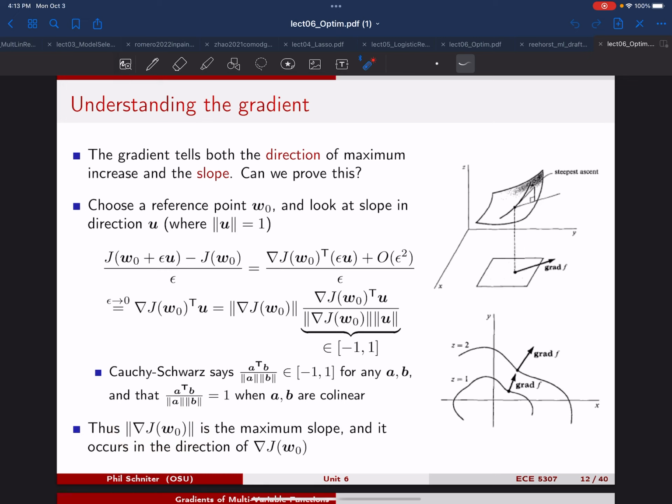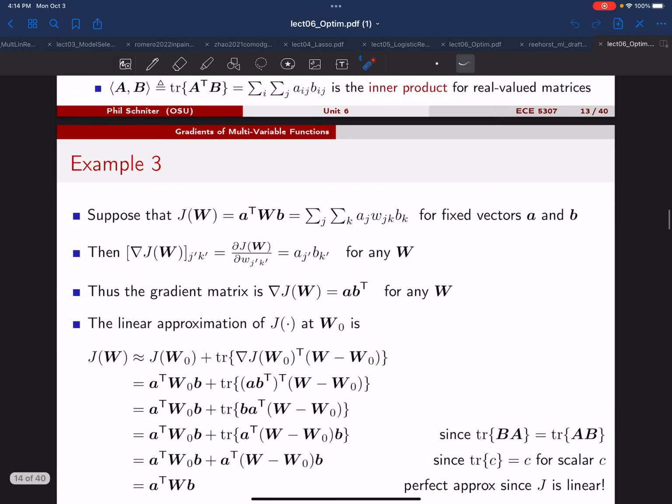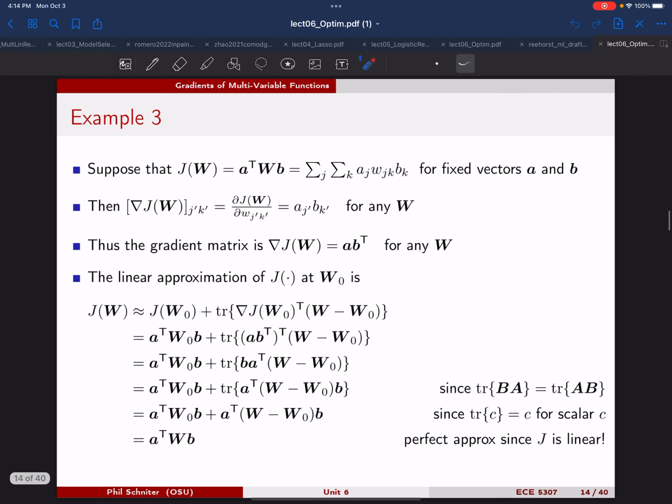And if you say what is the direction you have to travel in to get that maximum slope, then that is the direction of the gradient vector. So in other words, the gradient vector tells you which direction to move for the function to maximally increase, as well as how steep it's going to be, what the slope will be if you move in that direction. I think that's a good review of where we were.